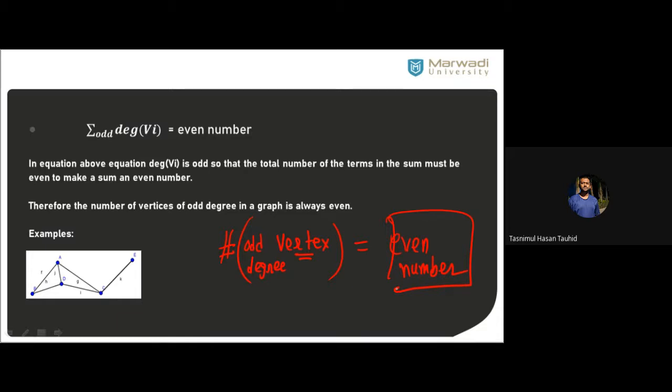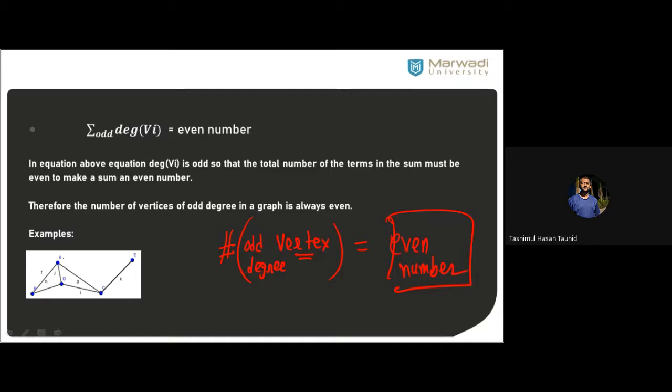In the next part, a total of 5 or 6 theorems will come throughout graph theory, and every theorem is important for your exam. Remember, in the exam they can ask you to state and prove a theorem, so the statement is also important. You have to verify that the number of odd degree vertices is an even number.